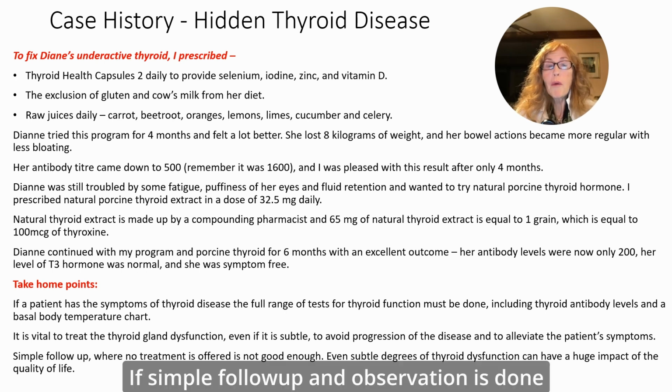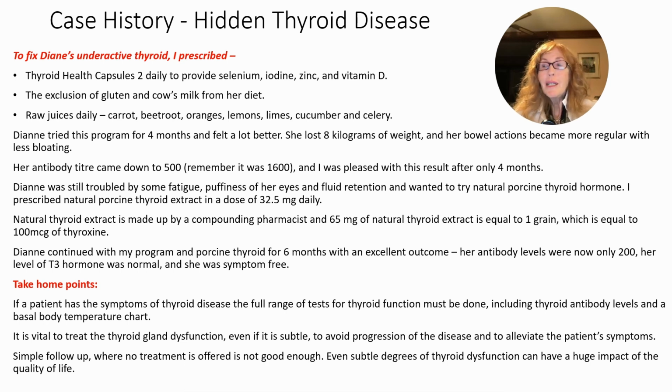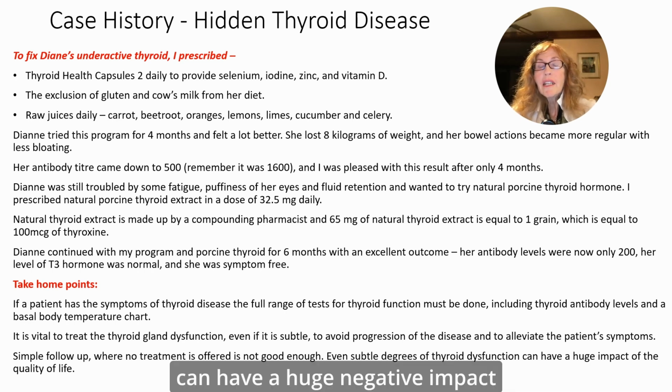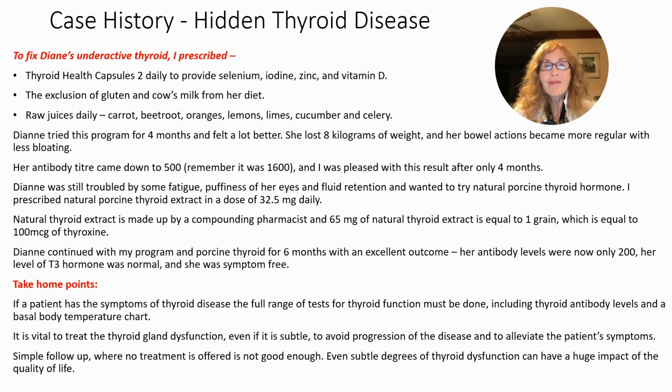If simple follow-up and observation is done and no treatment is offered, it is not good enough, because even subtle degrees of thyroid dysfunction can have a huge negative impact on a patient's quality of life.